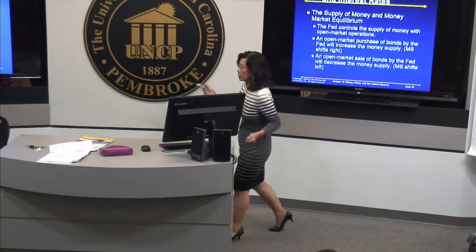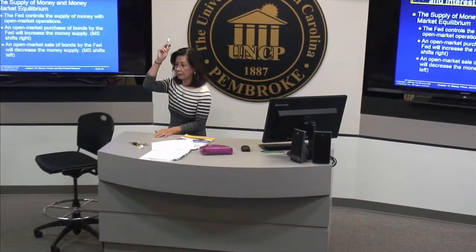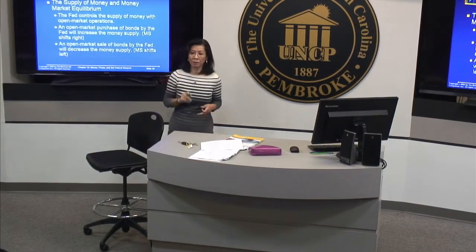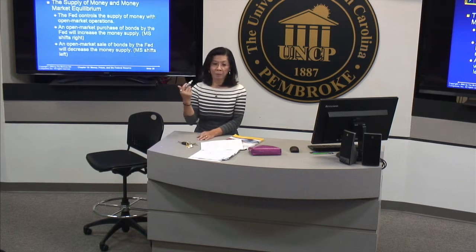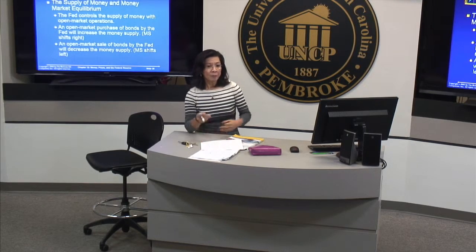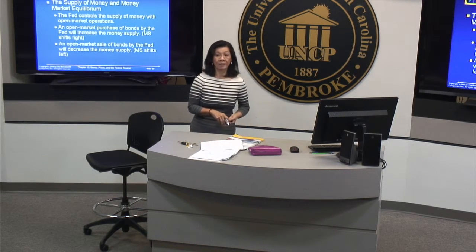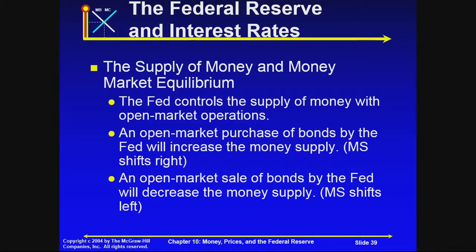The other day we talked about why the demand curve for money is downward sloping. That's because the higher the nominal interest rate, people will want to put the money in the bank. If you put the money in the bank, then you take out less to consume and less to invest.